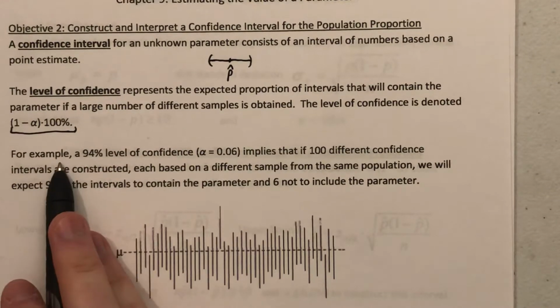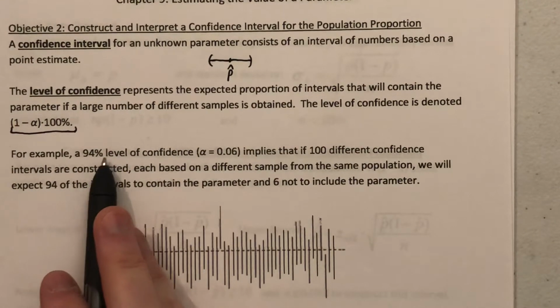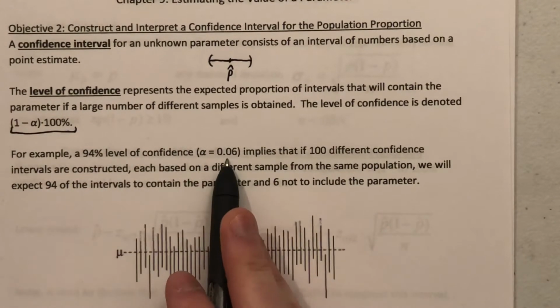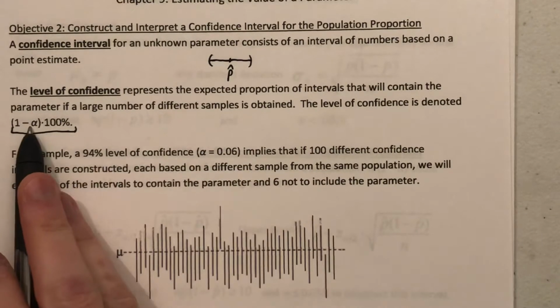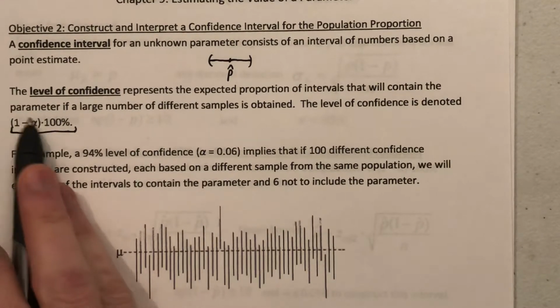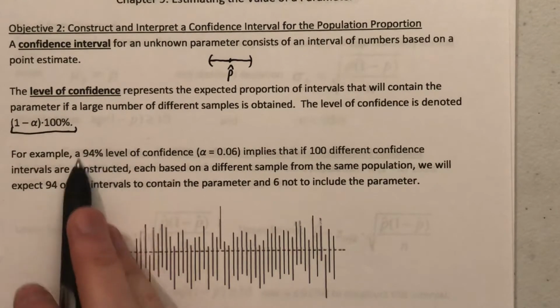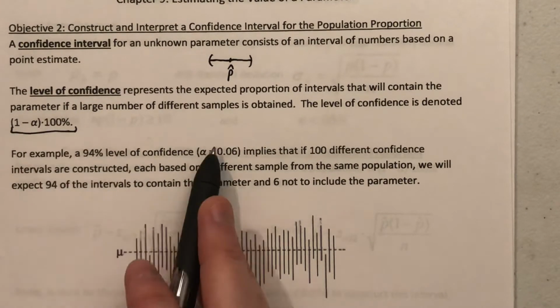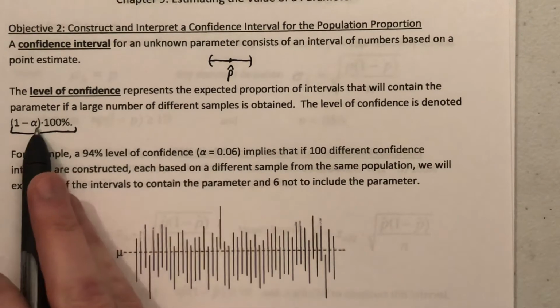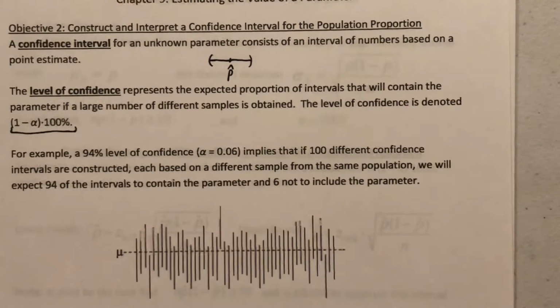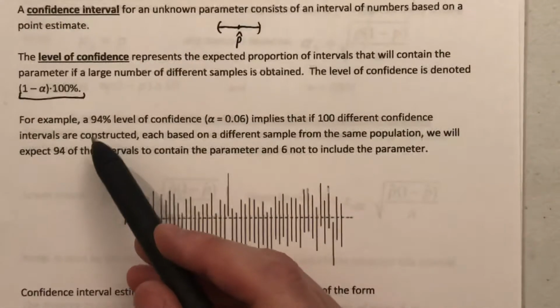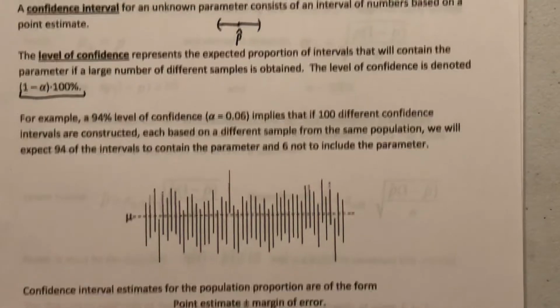For example, if we looked at 94% for the level of confidence, then that means alpha is 0.06, because you would subtract 0.06 off of 1, and you'd be left with 0.94, and 0.94 times 100 is 94%. So that's all alpha is as a decimal, how far below 100% you are in terms of how confident you want to be. Now, the idea of what this confidence really represents is kind of tricky.